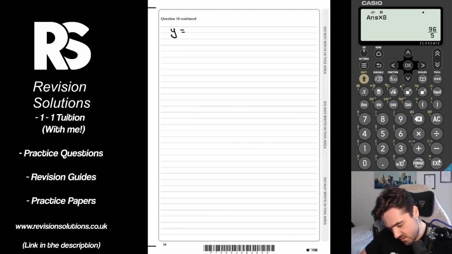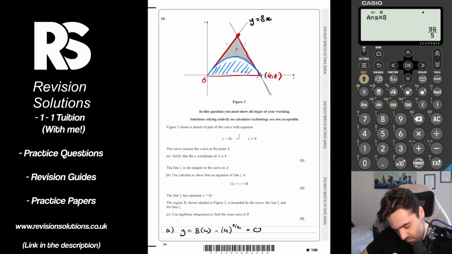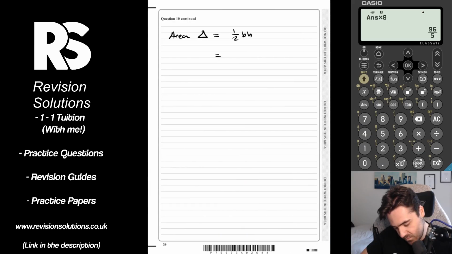So the area of our triangle, I'll erase this from earlier. So the area of our triangle is a half base times height. And the base is just going from 0 to 4, so the base is just 4. Half times 4.